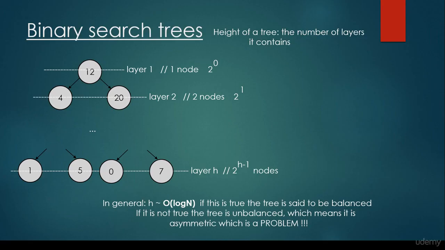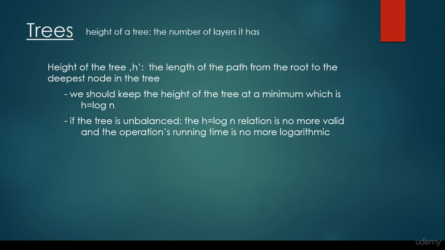Why is it problematic? Because the running times are going to suffer, so the logarithmic time complexity is not going to be met if the tree becomes unbalanced. So the height of the tree is the number of layers it has. The formal definition is that it is the length of the path from the root to the deepest node in the tree. And we should keep the height of the tree at a minimum, which is approximately h equal to log n.